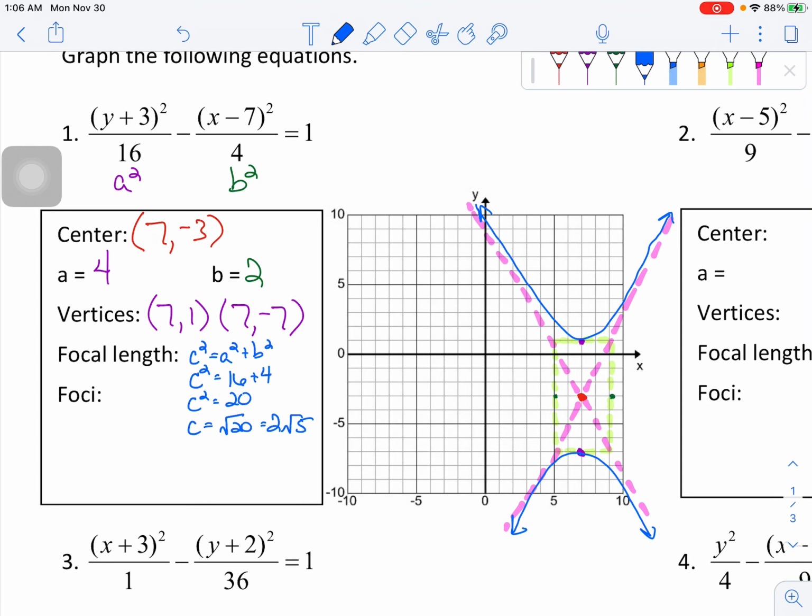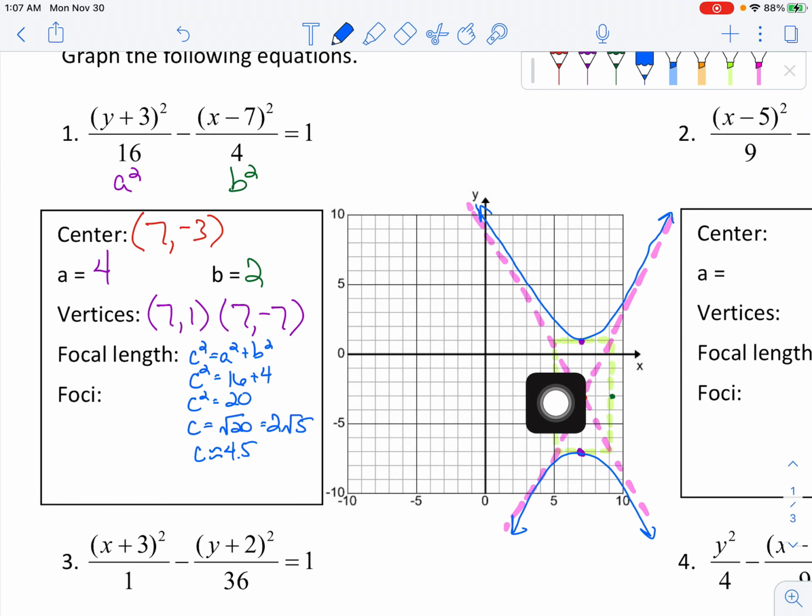Yeah, that sounds right. But as far as I'm concerned, counting out 2 root 5, not terribly helpful. So if I throw that into a calculator, let's see what decimal equivalent I get here. About 4.5. So c is approximately equal to 4.5.